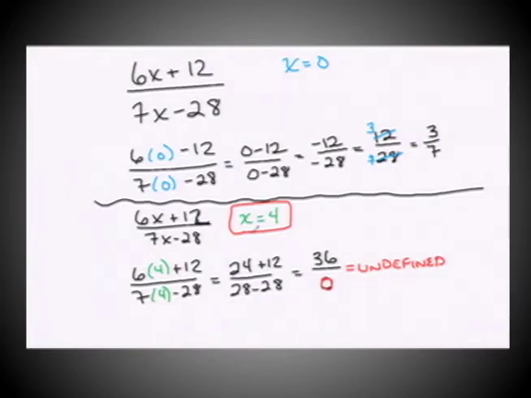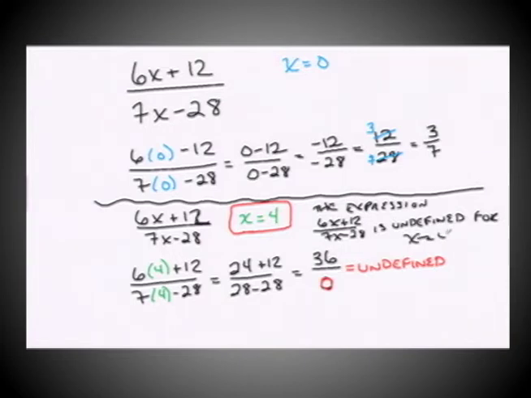So we can either state that the expression 6x plus 12 over 7x minus 28 is undefined for x equals 4. Or we can simply say, well, with this particular expression, x cannot be equal to 4.